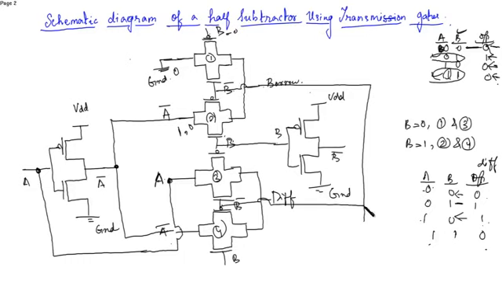This is B bar. Okay. Similarly for B, you'll connect. This is for B. Okay, you have to just draw it a bit more neatly. This is a schematic diagram of a half subtractor.